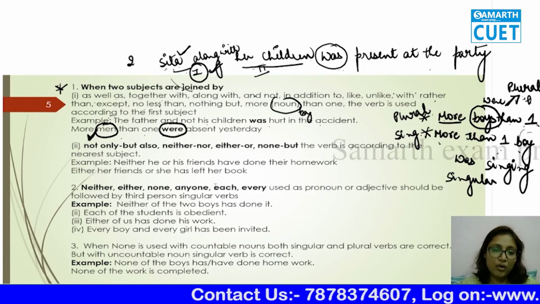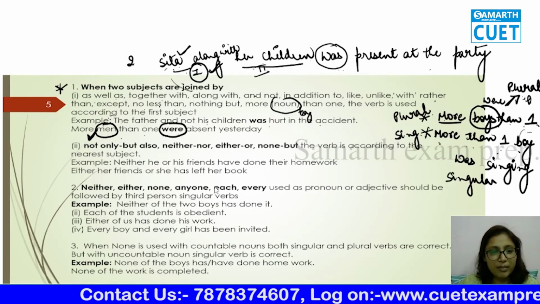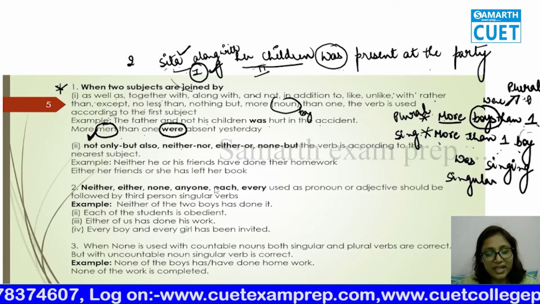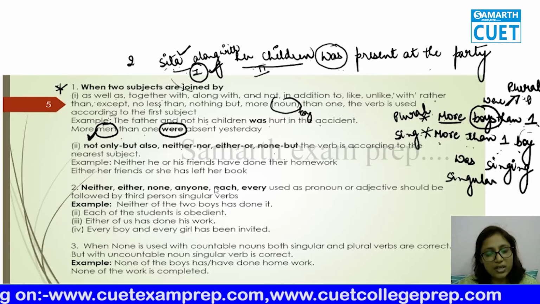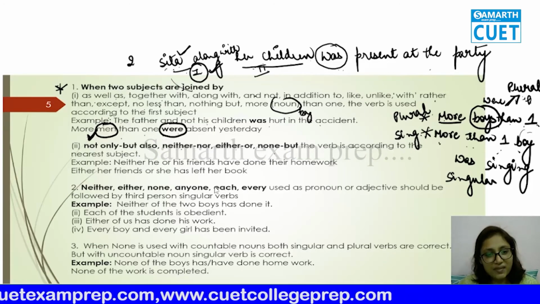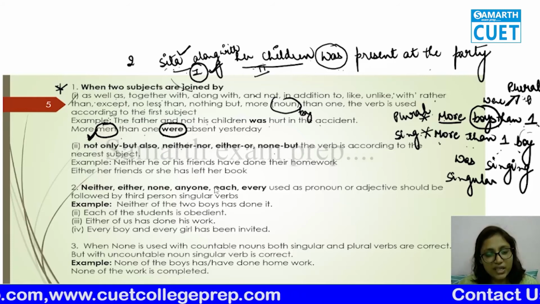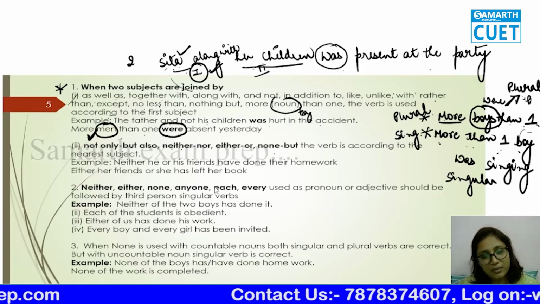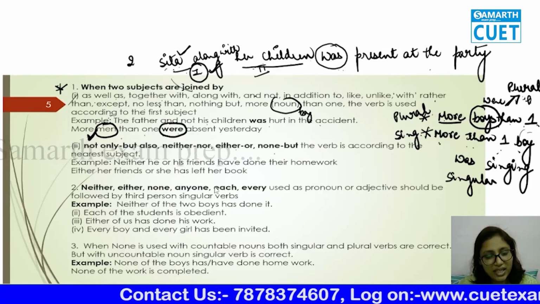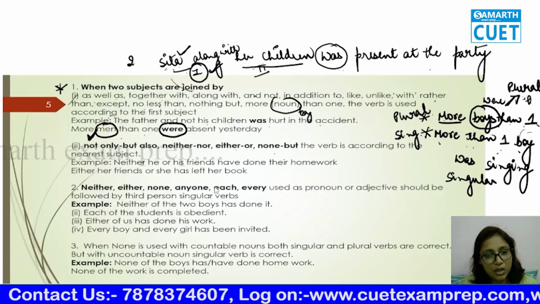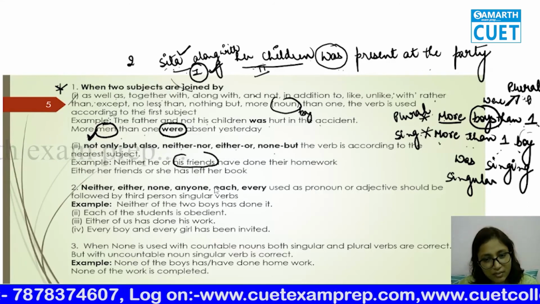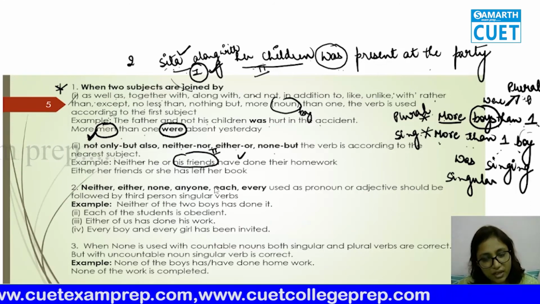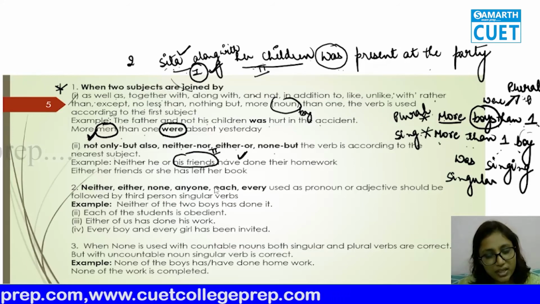Okay, now let's move to not only but also, neither nor, either or, none but. In this case, the verb is in accordance with the second subject. When those earlier words were used, the verb was in accordance with the first subject. In this one, it is according to the nearest subject, the second one. So, neither he nor his friends: first subject and second subject. The nearest subject is the second, so the verb is going to be the nearest.